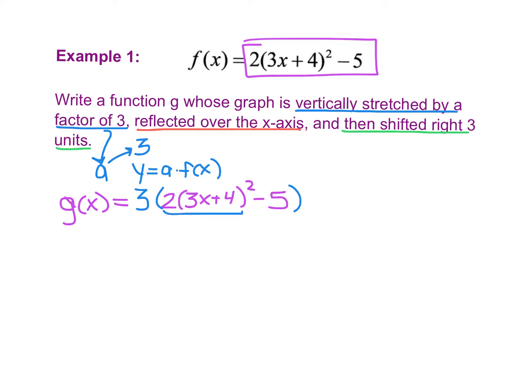Remember, it only gets distributed once to each chunk, so this 3 multiplies by the 2, and then by that 5. So our function at this point is 6, because 3 times 2 is 6, and then in parentheses 3x plus 4 quantity squared minus 3 times 5, which is 15.